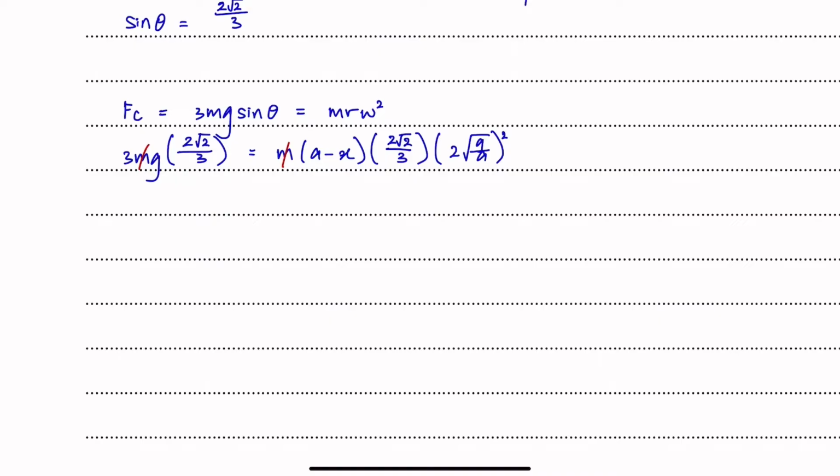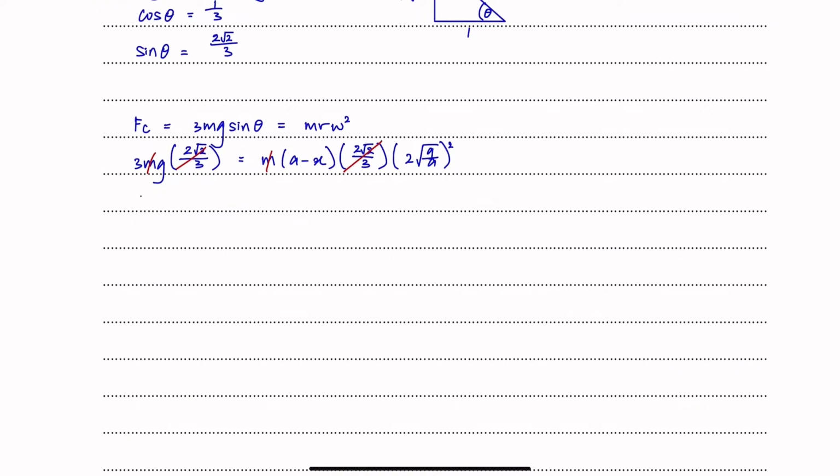We can cancel out 2√2 over 3, and we have 3g equals (a minus x) times 4g over a. And we can cancel out the g here as well. So we have 3a equals 4a minus 4x. So 4x equals a, and x equals 1/4 a. So this would be the answer.